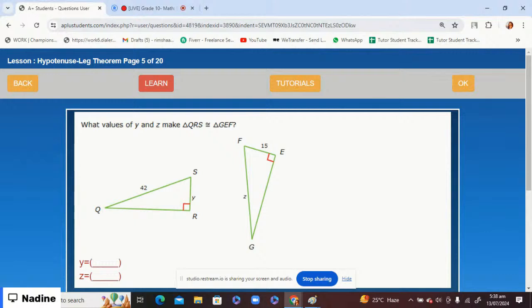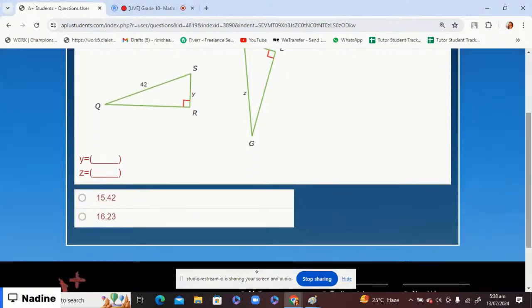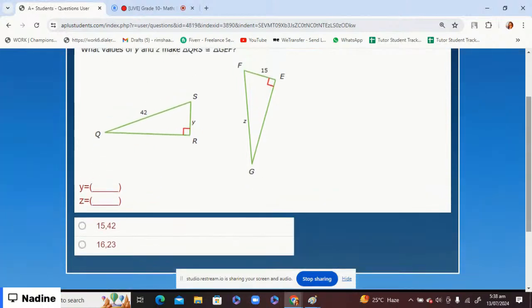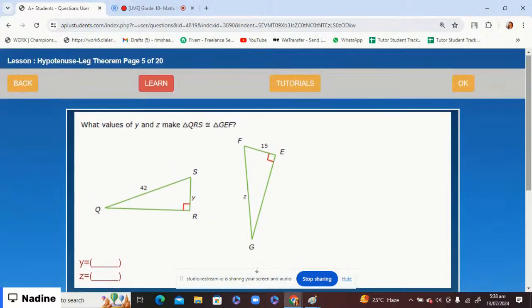It means that in place of y is 15 and in place of x is 42, because you just shift the positions. When you shift the position, you get these answers. So let's check, is the answer 15 and 42 given? Yes, it's given.